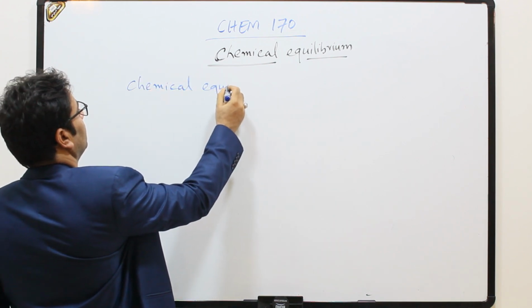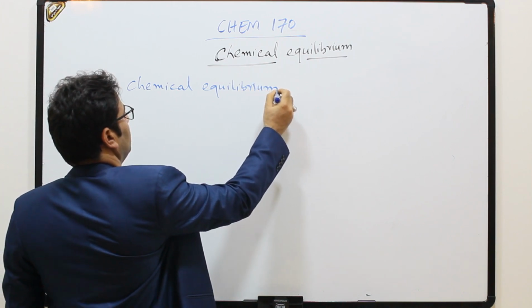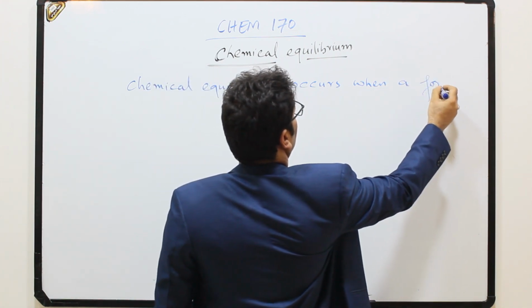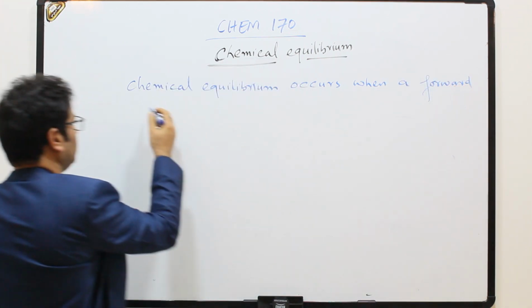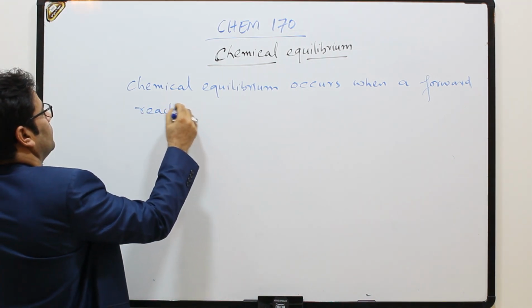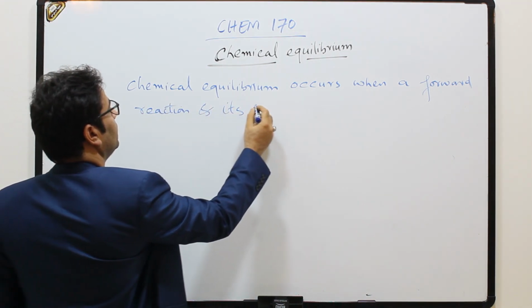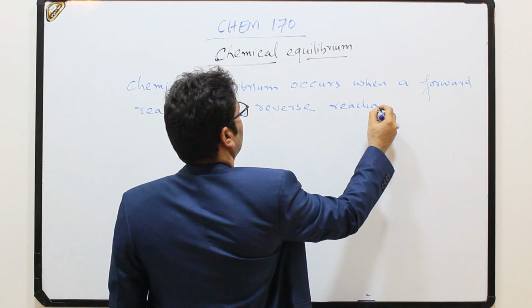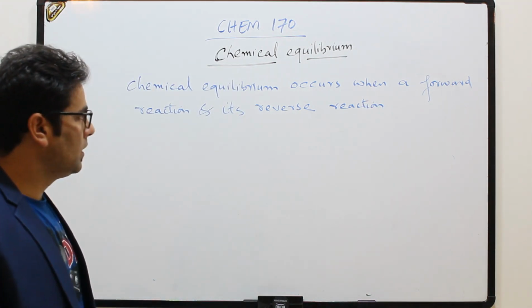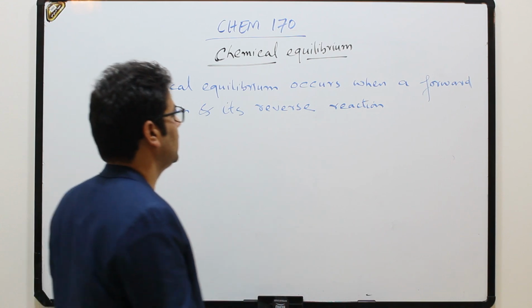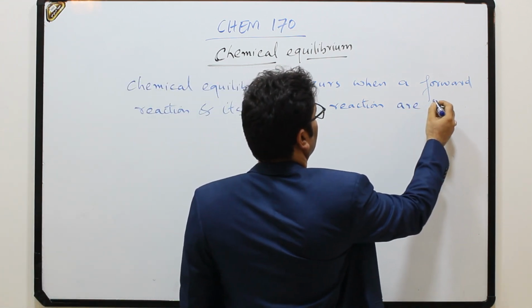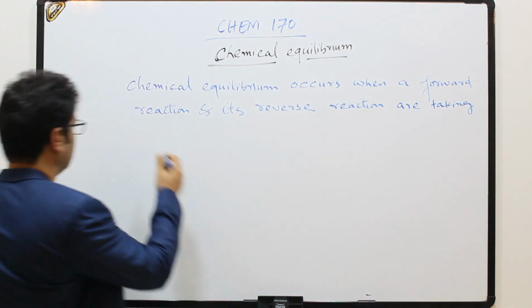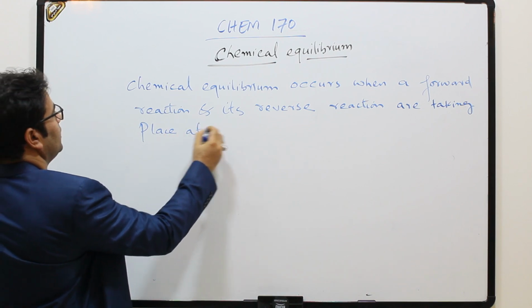Chemical equilibrium occurs when a forward reaction and its reverse reaction are taking place at the same rate.